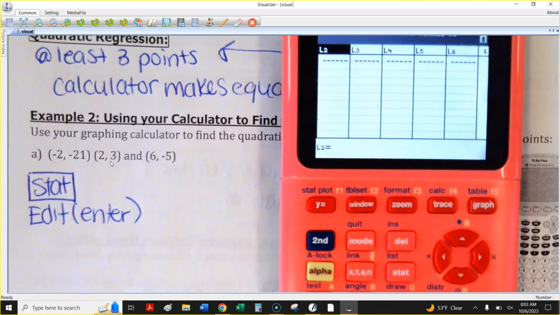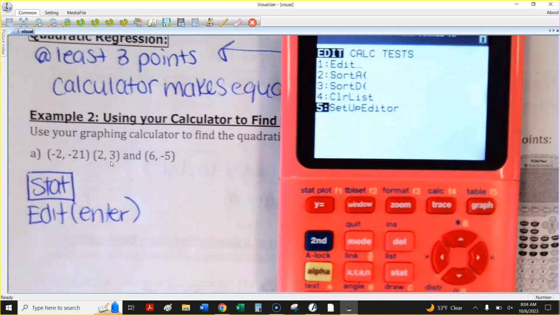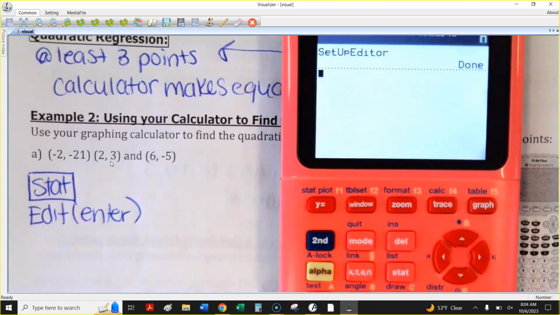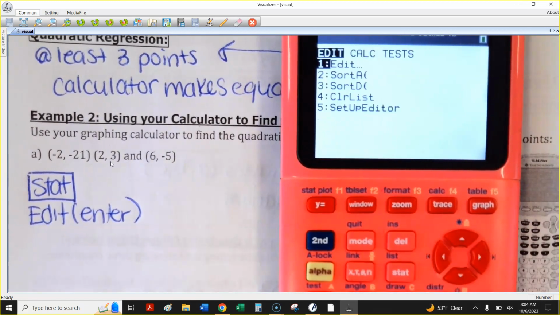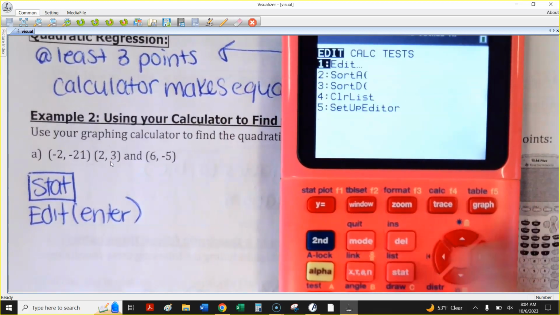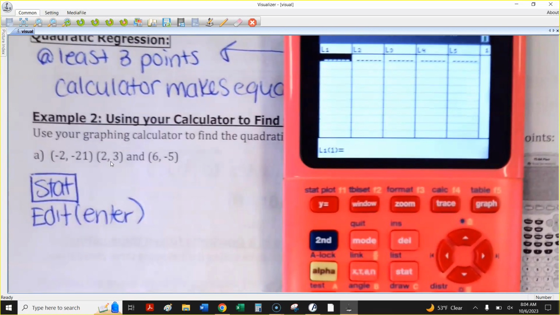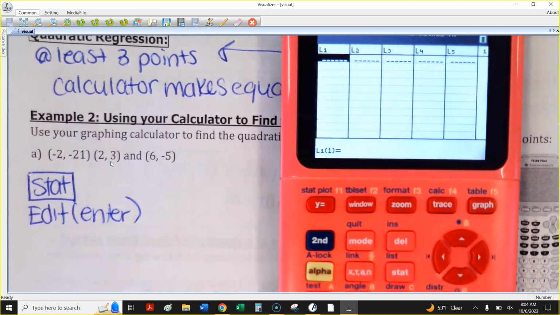So if you accidentally delete a column out, you're just going to hit that stat button, and then the very bottom, number 5, says Setup Editor. Just hit enter twice, and that'll reset it. And now if you see, when I go back into that Edit menu, I have all my columns back there. So you want it to start with list 1.